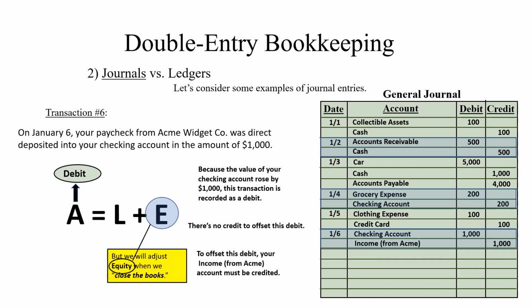But this situation will eventually be resolved by adjusting the equity account when we close the books. Again, before we move on, note that our debits and credits are equal.